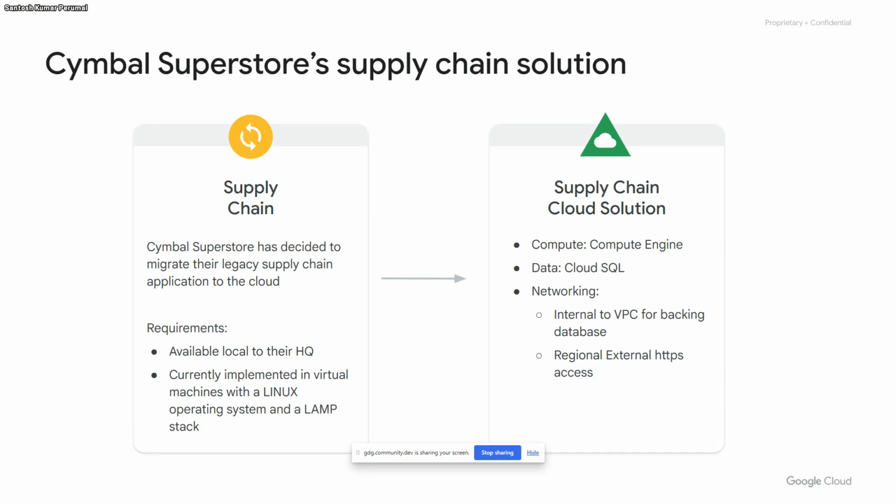So what is Compute Engine like? Compute Engine is like your on-premise. Let's think of an on-premise Linux system, a Red Hat system, or a Fedora system, a physical Linux server. It's exactly like that, but in Google Cloud.